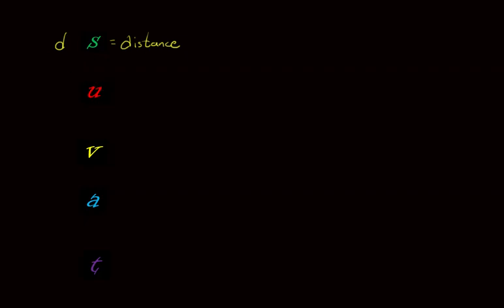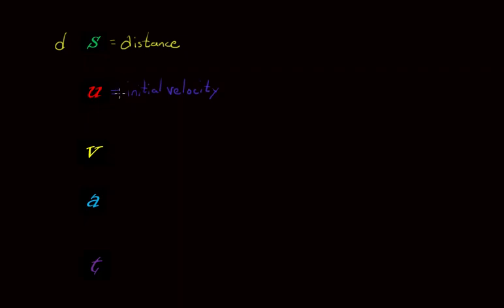U is initial velocity. Okay, so this is the velocity that the object was going when you start using the equation. A lot of times it could be starting from 0 or whatever.